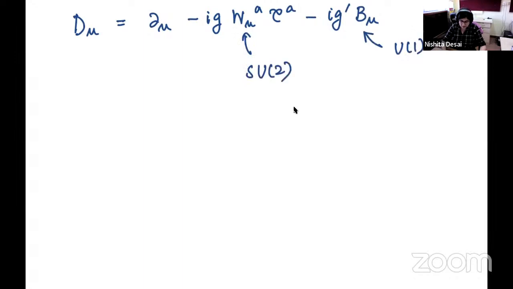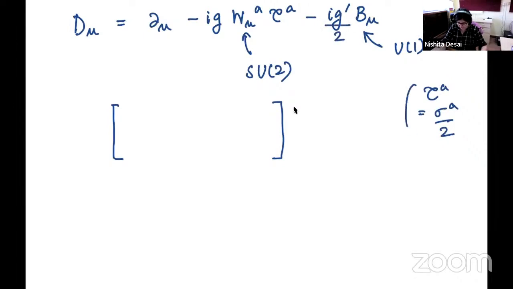Okay. So you can again write your matrix as before. So let me do some redefinition. Okay, let me write this. So since your tau A is sigma A by 2, so to make things look nicer, what I'm going to do is I'm just going to write a divided by 2 here.